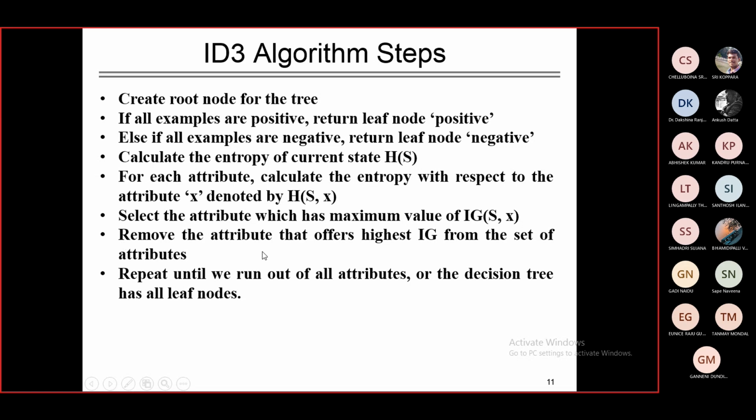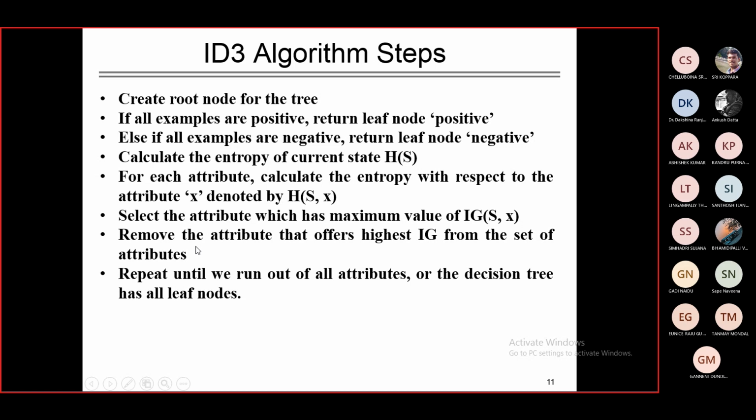And then we remove the attribute that offers the highest information gain from the set of attributes, and we will repeat this process on the remaining attributes.